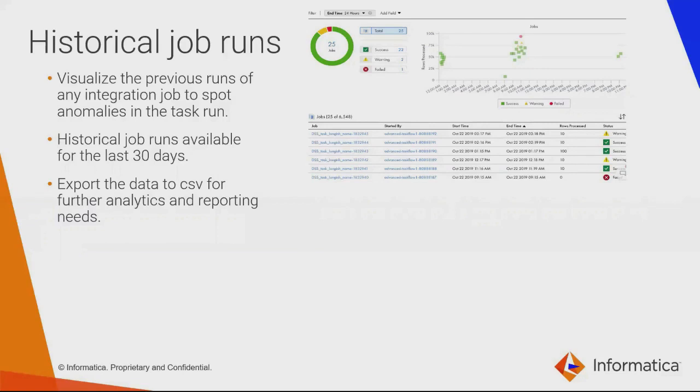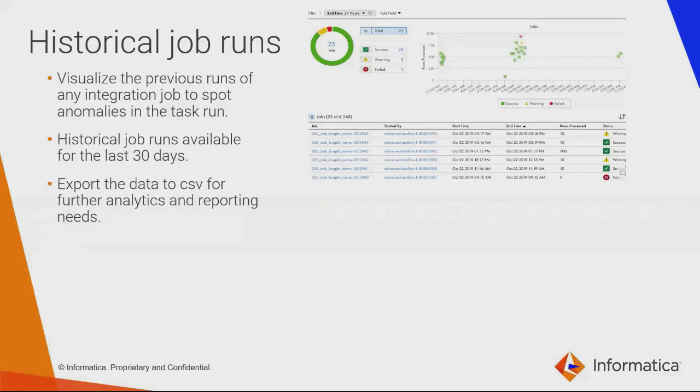And visually you can also see the volume that has been processed. The idea is, if it starts failing, you will be able to go back and see the history of what was the first failure, or if the volume that it has processed is really low or the time it took was really high, you will be able to spot those anomalies for any of these jobs.